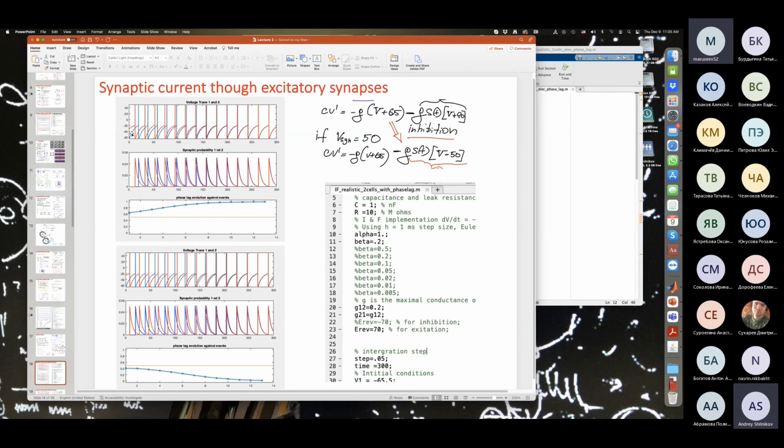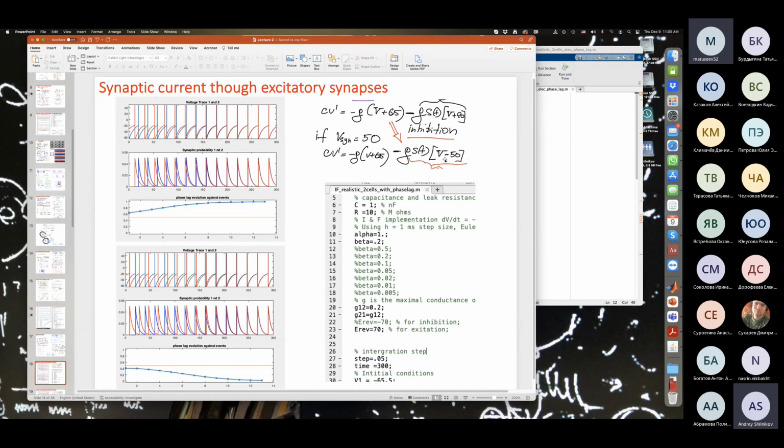What I've done here is pick initial conditions to emphasize that the cells from the very beginning are in anti-phase. You see a phase difference between the blue and red, and my blue cell is a reference cell. As time progresses, you see that the delay between the spikes goes to 0, which basically means that the red cell accelerates and catches up with the blue cell, so the phase lag goes to 1.